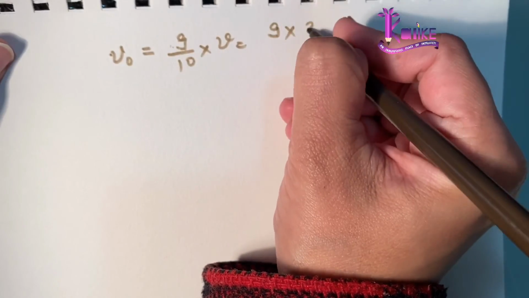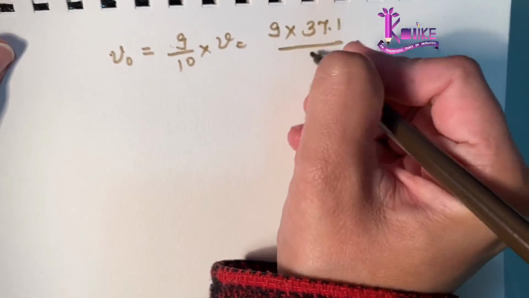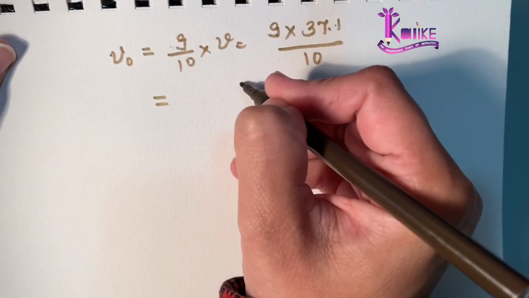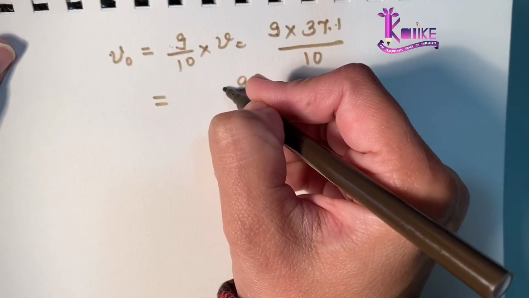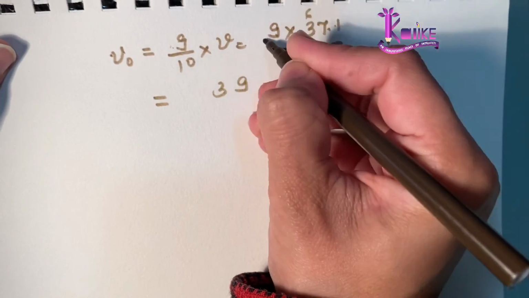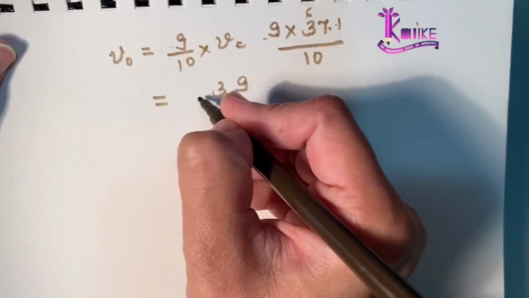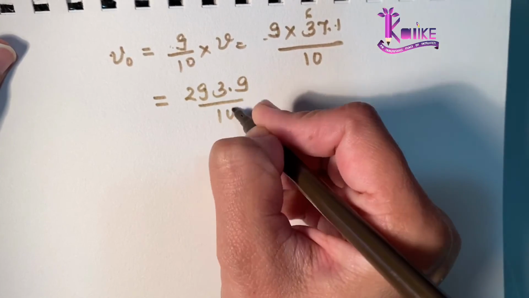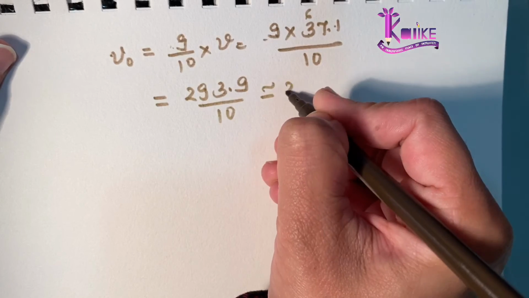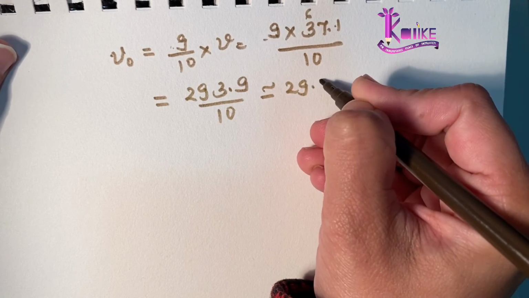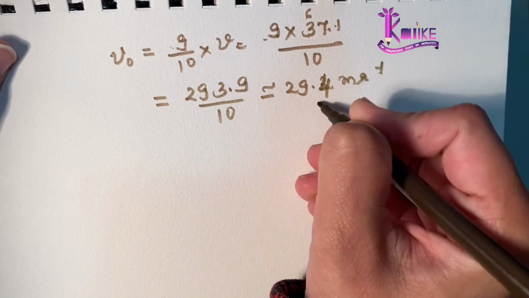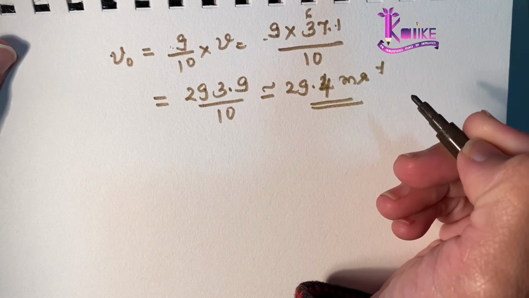So 9 into 37.1 divided by 10. Let's multiply this. 9 ones are 9, 9 sevens are 63, 3 carry, 9 threes are 27 plus 6 is 29, and you have a decimal point. So this is approximately 29.39 or 29.4 meter per second.